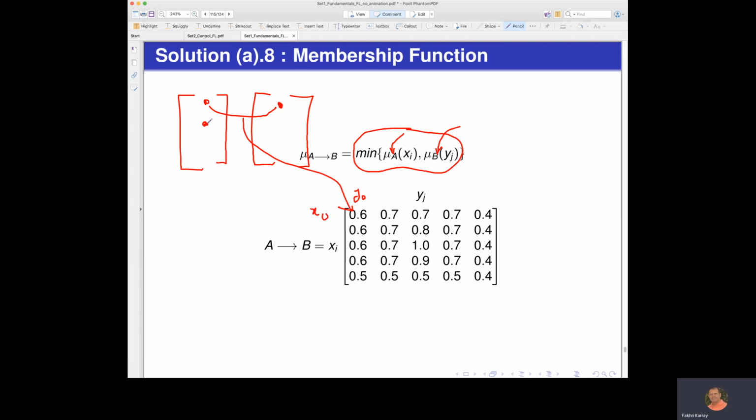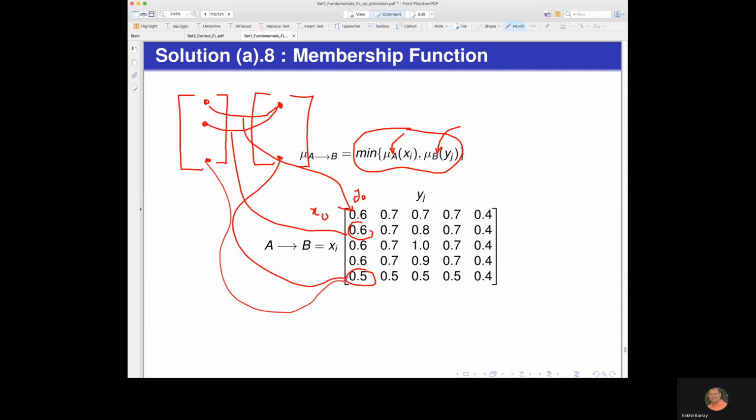So for x1 and y1, the minimum is equal to 0.6. This is the minimum for both. Then we continue for x4, which is going to be located here, and y1. Sorry, I did not mean that.